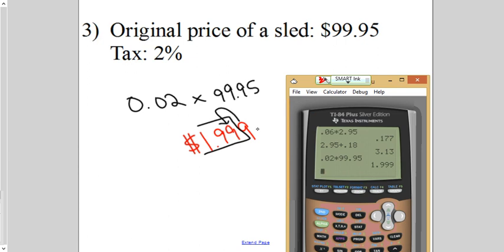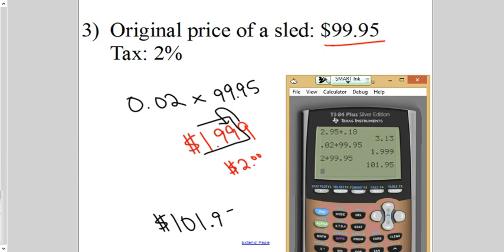We throw on another penny. So basically it's a $2 tax. So now we just have to add $2 to the 99.95. Total cost, $101.95.